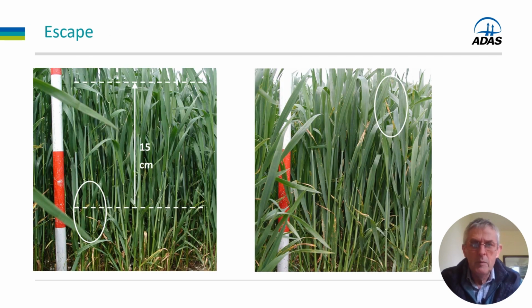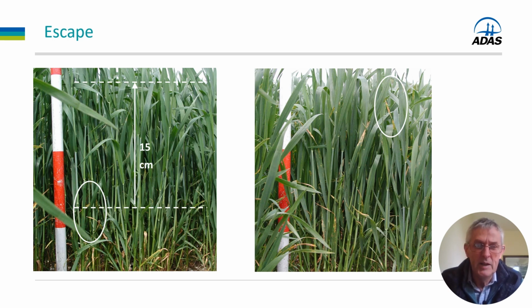So we saw in the video on how to predict epidemics how the position of sporulating lesions in the crop canopy can be an important determinant of the amount of disease that subsequently develops.